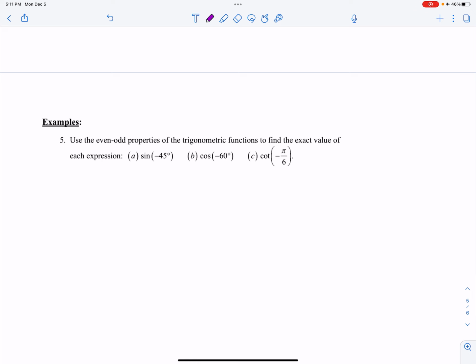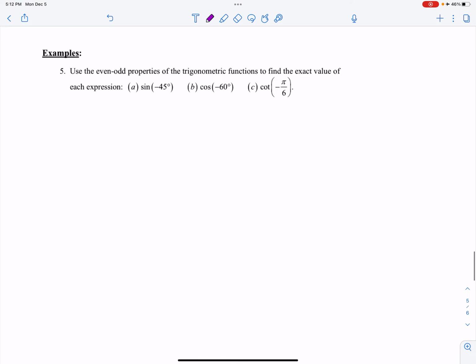All right, now we're going to talk about even-odd properties and use them to find the exact values of 3 different trig functions here. So, first off, we'll talk about sine.